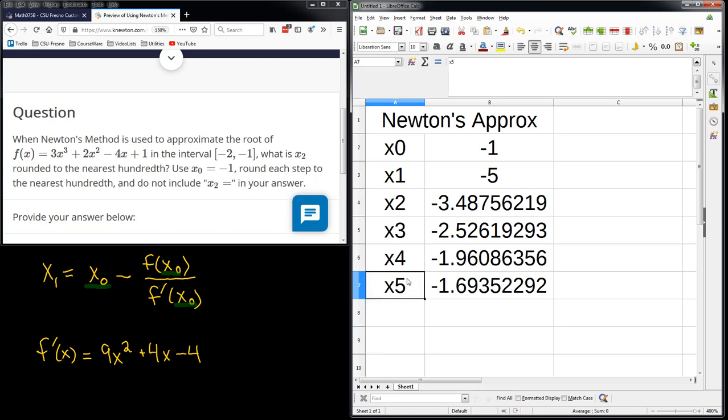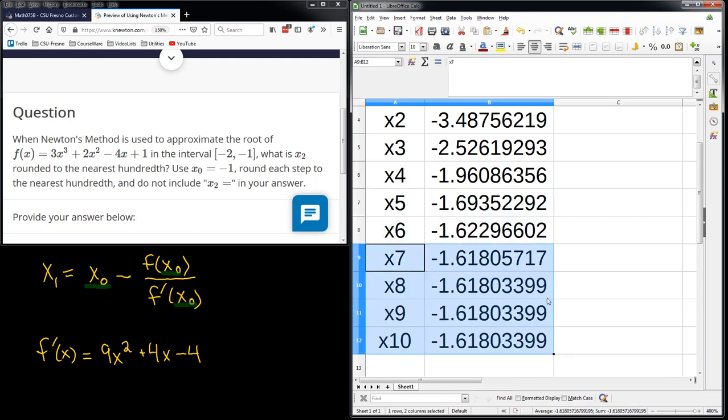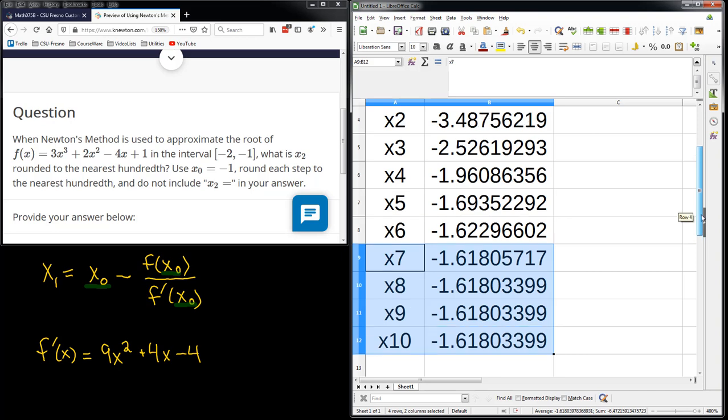Whoops! I keep pressing the wrong button. If you wanted to do Newton's method a whole bunch of times, this would make it really easy, because you programmed it into the spreadsheet, and the spreadsheet will do the computations very quickly. Also, just for reference, you can see now how the numbers are kind of stabilizing.